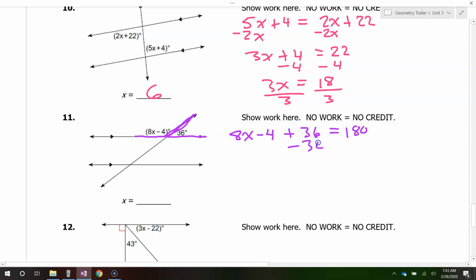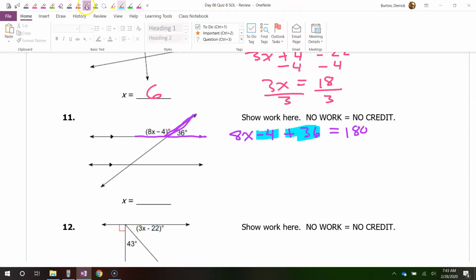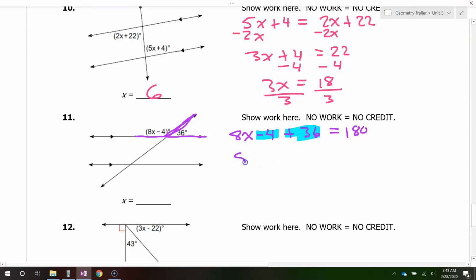So I will subtract 36 from both sides. Actually, I should combine like terms first. Because the negative 4 and the 36, these are like terms. So if I put those together, then I'm going to have 32.